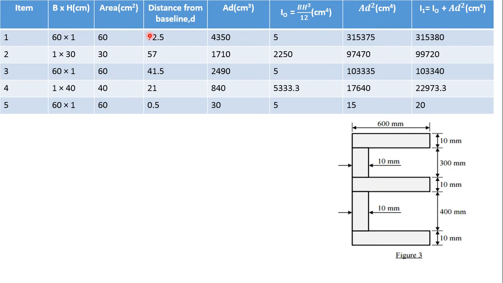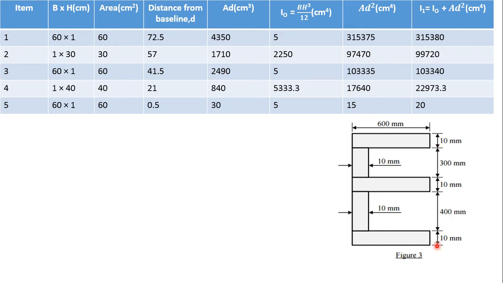You multiply them together to get the area. After the area, you have to find the distance from baseline. How to find this? The baseline will always start at the bottom of the figure. If you want to find the distance from baseline for item 1, you have to add up all this together. However, for the item itself, the height you have to divide by 2.